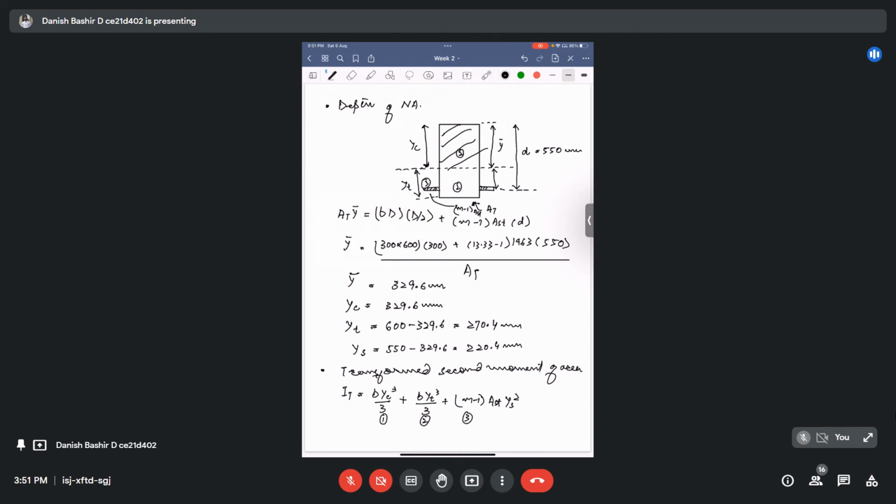Now this byc cubed divided by 3 comes from this equation. For example, if we have a rectangle of width b and depth d, about the centroidal axis we have bd cubed by 12. But for these sections we calculated about one side, which is at a distance d by 2 again.